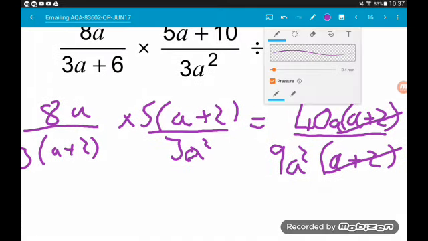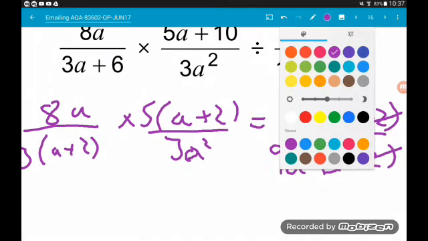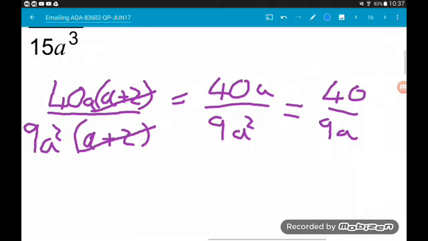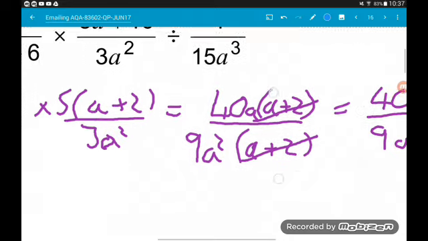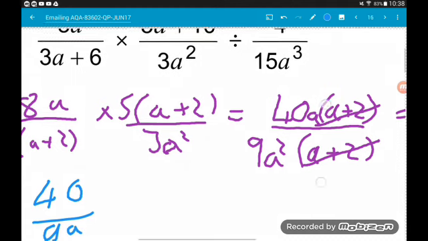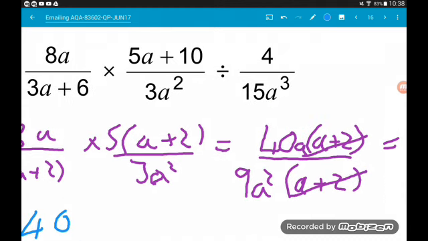Let's change colour. So, what have we got? I've forgotten. We've got 40 over 9a. Okay, so remember when you divide by a fraction, you flip him over and multiply by him.